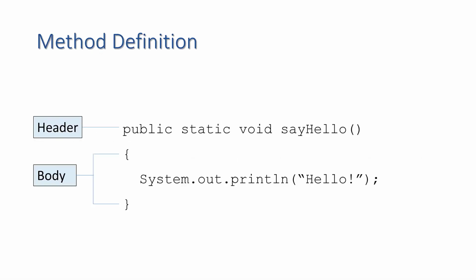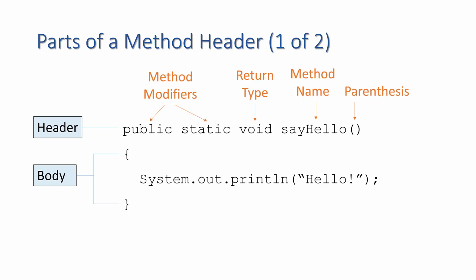The method header always follows the same syntax, and the method body is always blocked by curly braces. The method header must include modifiers, the return type, the method name, and parentheses. The body is made up of the statements that perform the given task of the method.